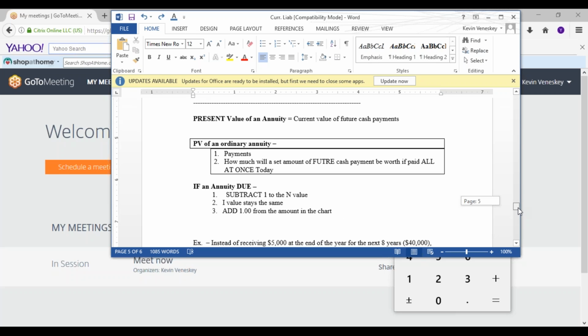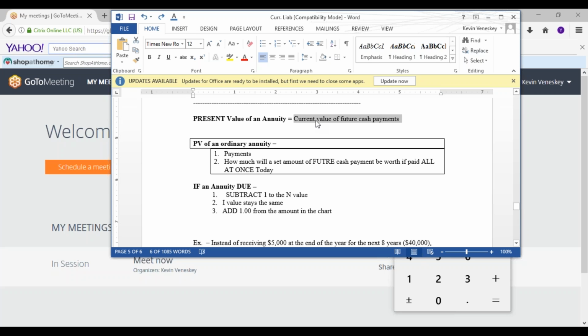The last item that we're going to look at is the present value of the annuity. This is a really good lottery-type example, where if somebody won the lottery, they would want to go through this with their accountant.